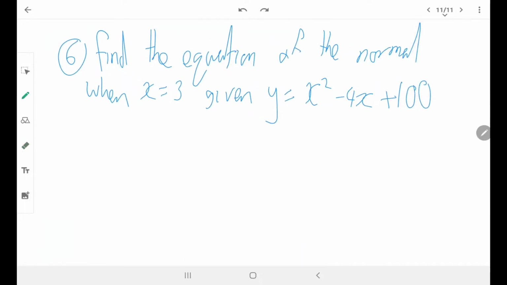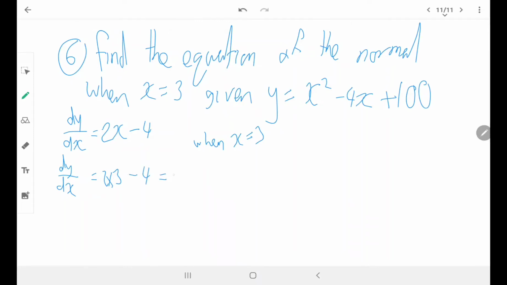So let's have a little look at the question then. Find the equation of the normal when x equals 3 given y equals x squared minus 4x plus 100. Well, the very first thing we're going to do is actually differentiate it. So dy over dx, differential of x squared is 2x minus 4. And when x equals 3, our dy over dx is 2 times 3 minus, really be careful, minus 4.